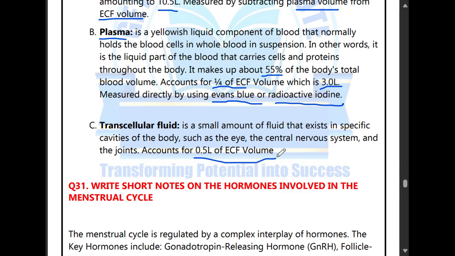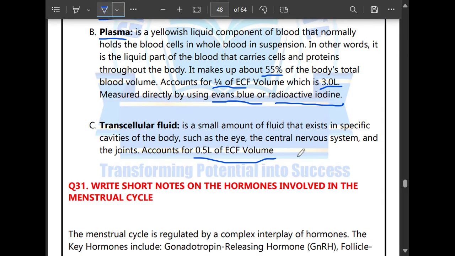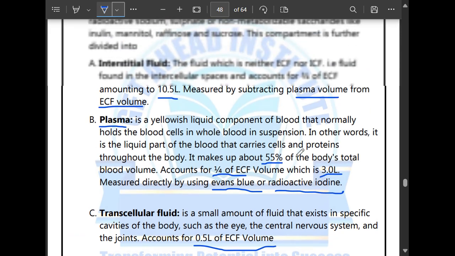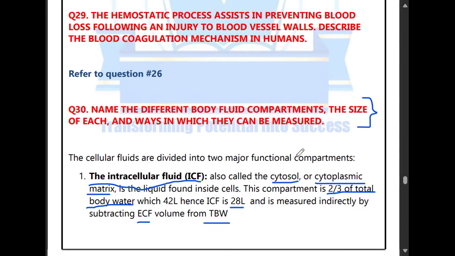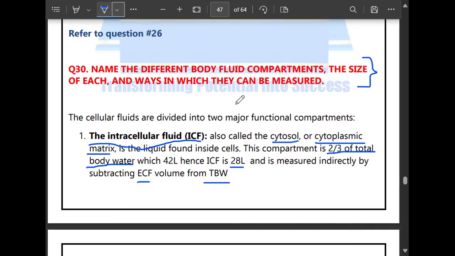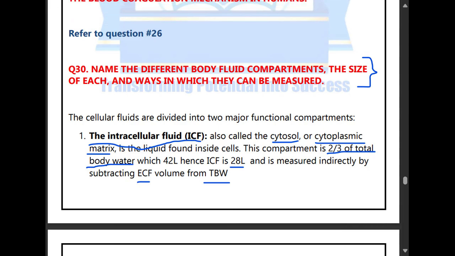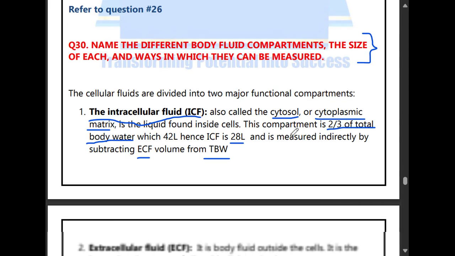We are done. Are we together up to this far before we proceed? This particular question was talking about the different body fluid compartments, their size, and how we can determine them.